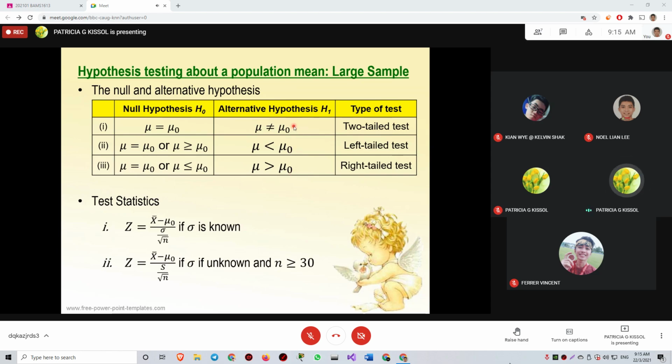Like I said, if it shows any changes, differences, you use a two-tailed test. Any less than, decrease, left tail test. And any increase, more than, we use a right tail test. Is that clear? Any question?